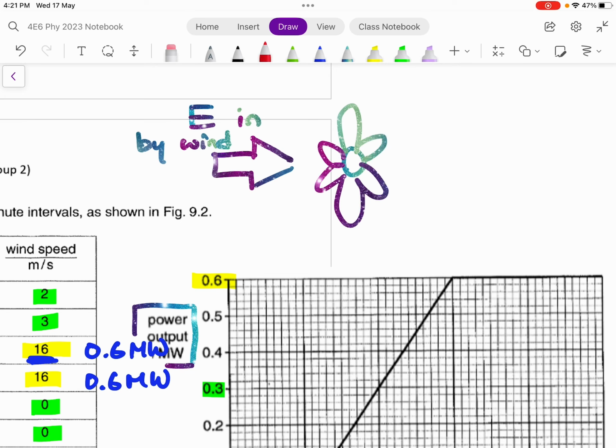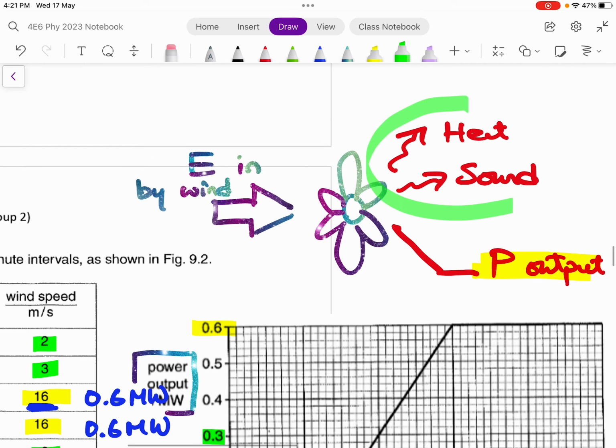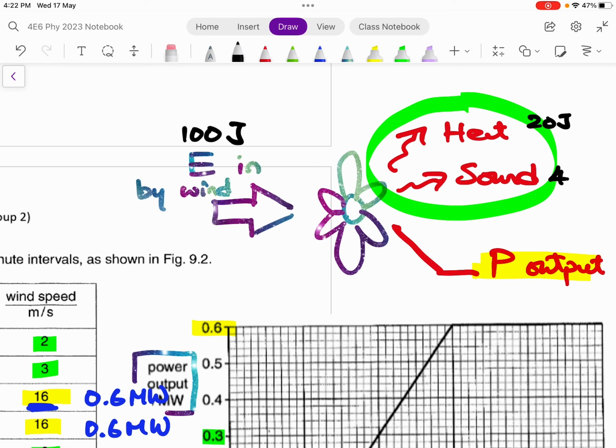Okay, some is heat loss, some is lost by sound because wind turbines are noisy. Then after that, one goes to power output. So the power output that is being measured here has already accounted for whatever energy is lost. For example, if this one is 100 joules, this one is 20 joules, this one is 40 joules, people already accounted for your power output is 40 joules.